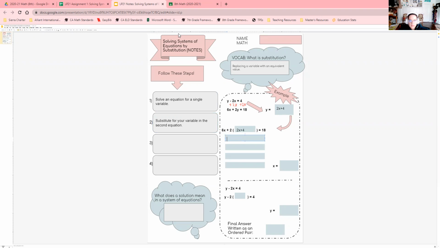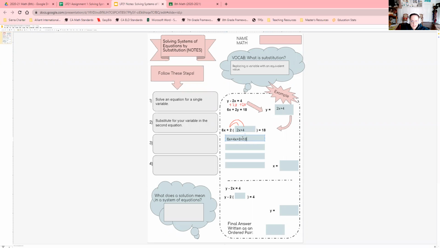So when I look at this equation, 6x plus 2 times 2x plus 4 equals 18, whenever you've got something in parentheses like that, that is a big old distribution. So I'm going to multiply 2 times everything inside of that, and write down what we still have. 6x is not changing, but 2 times 2x is 4x, and 2 times 4 is 8.